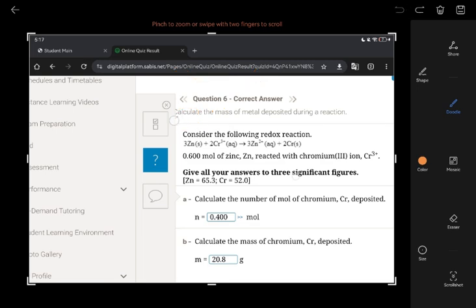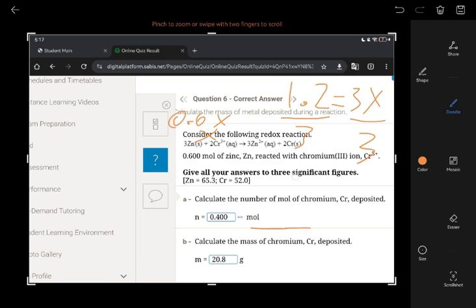So 3 gives you 2, so that means 0.6 gives you X. Cross multiply. 1.2 equals 3x. Divide both sides by 3. 1.2 over 3 is equal to 0.4, which is what we got.